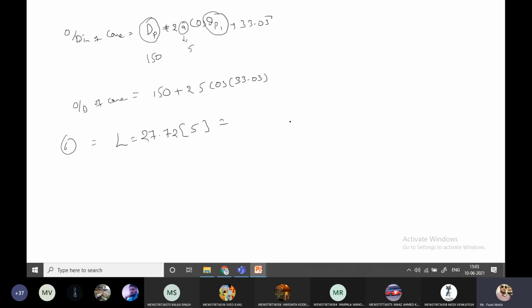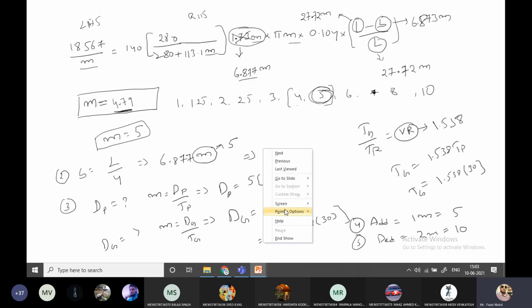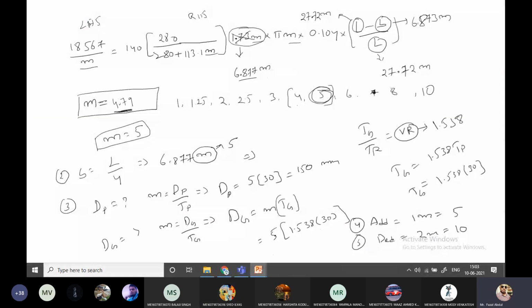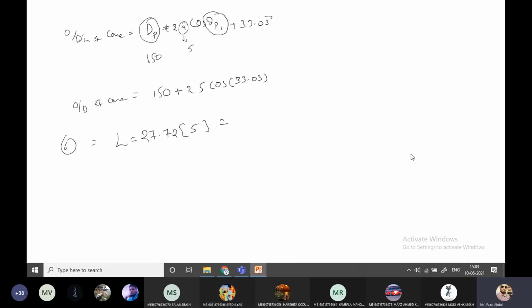So now tell me the answers one by one. dp is 150 mm. dg, how much? Do it fast. 230 mm. And what is the next question? Addendum and dedendum are calculated. Now tell me the outside diameter of the cone. 158.38.